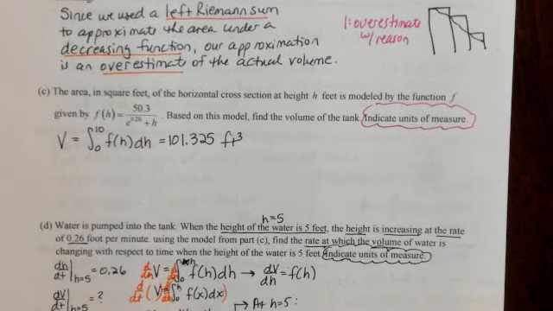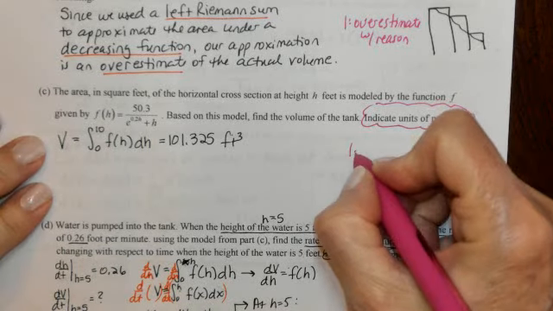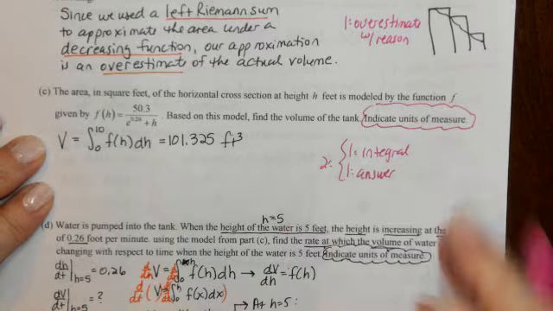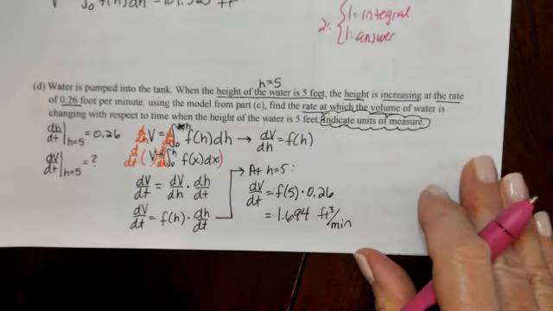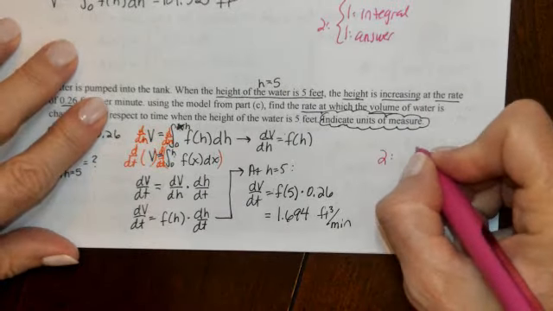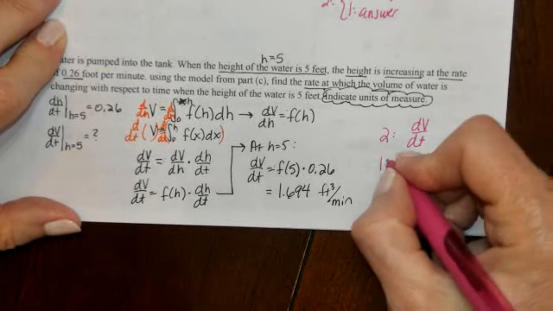Part C was worth 2 points, 1 point for the integral and 1 point for the answer. And Part D was worth 3 points, 2 points for dv dt, and 1 point for the answer.